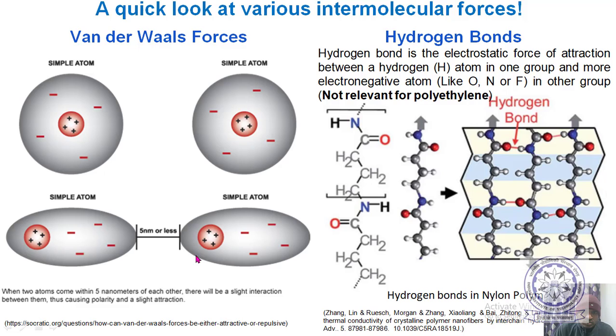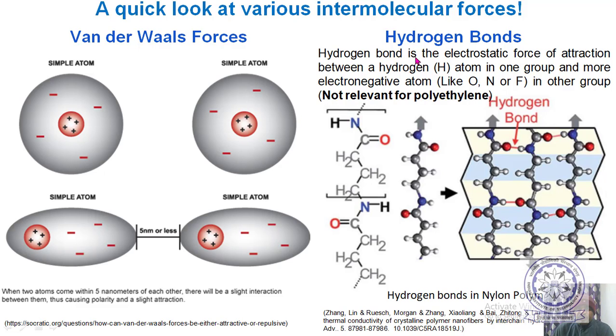This electron cloud is attracted by this one, so there is a slight change in the structure. These form dipoles, and there is some force of attraction. So when two atoms come within 5 nanometers of each other, there is a slight interaction, causing polarity and slight attraction. This is how van der Waals forces appear in the material.